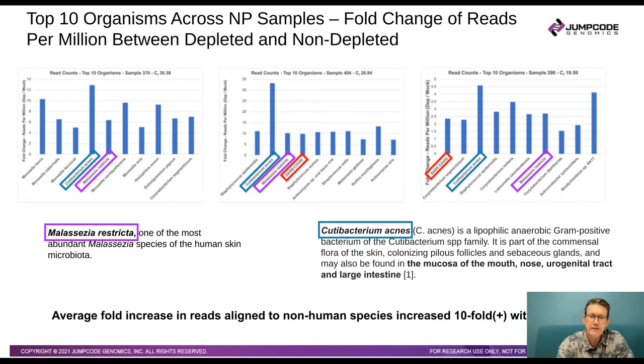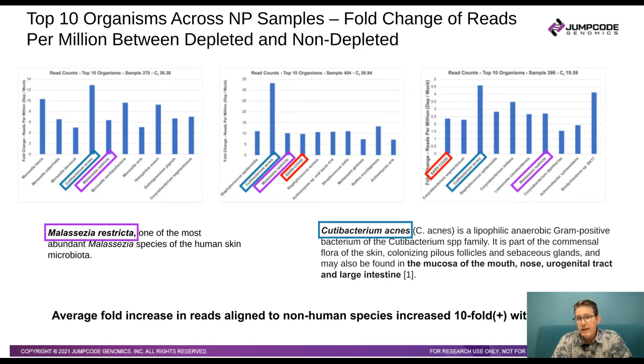What's interesting, though, is when we look at the reads per million for COVID in these samples, the mock sample prior to depletion actually did not show COVID based on reads per million in the top 10 organisms in that sample. Very low viral titer at a CT of 30 plus.